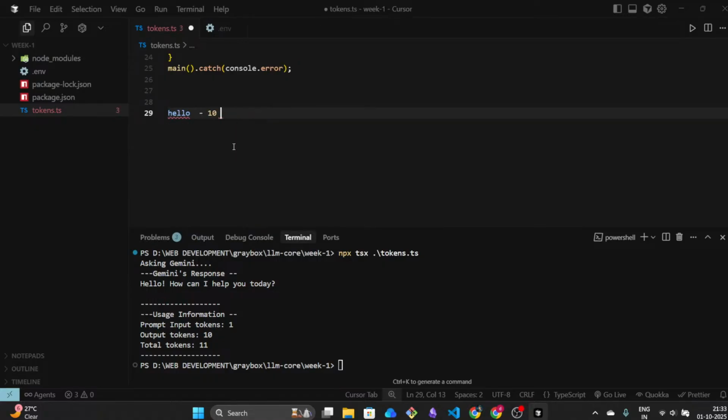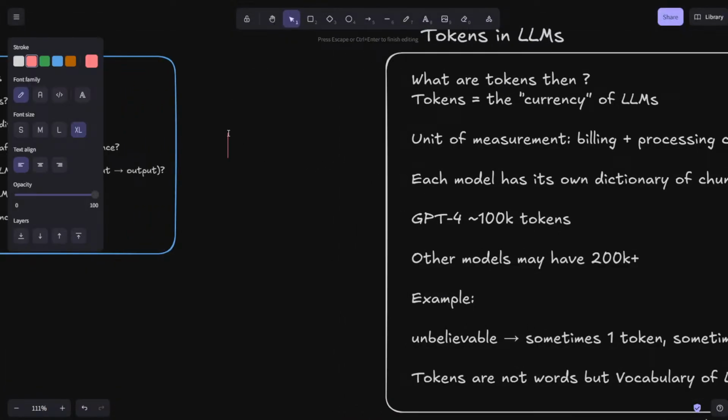Let me show it here. The word hello comes up a lot of times during the training of the LLMs. So this single word is designated as one token. But a word like this may have some kind of meaning, yet even this may not come up a lot of times.